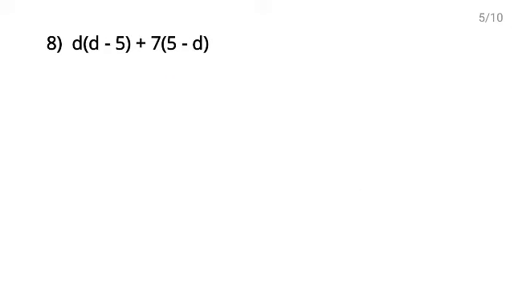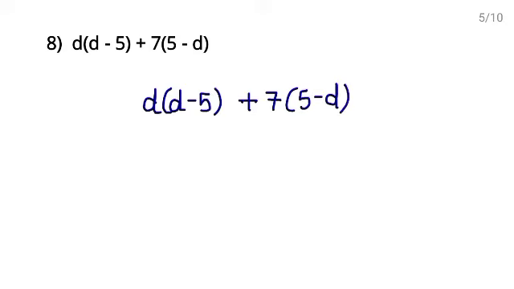Next, question number 8. d into d minus 5 plus 7 into 5 minus d. Now students, one thing you need to remember: this is d minus 5 and this is 5 minus d. A little bit of difference is there, because here d has a plus sign and here d has a minus sign. Here 5 has a minus sign and here 5 has a plus sign.